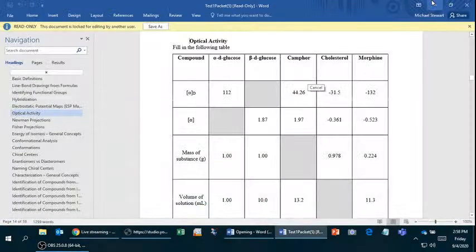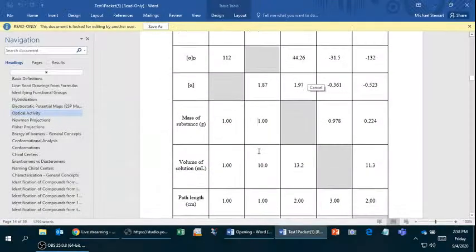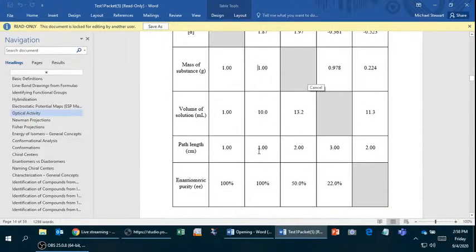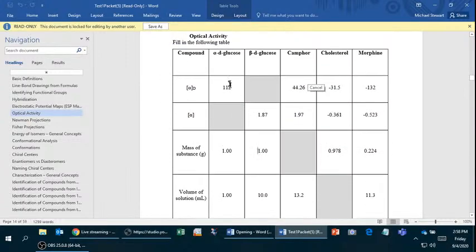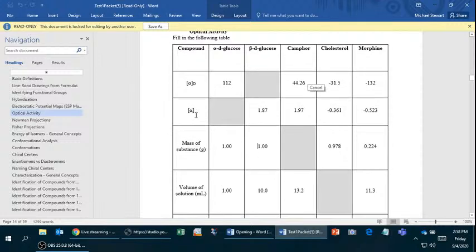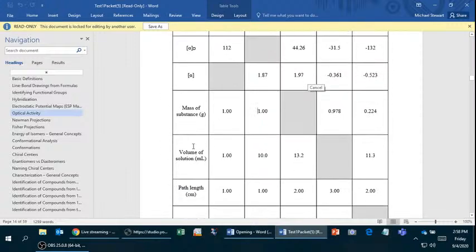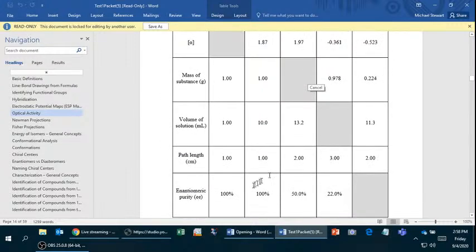They're more vertical, and unfortunately it was just kind of the nature of the beast when I made this. So each column, you've got an associated reference activity, the actual optical rotation, the mass of the substance, the volume, the path length, and the enantiomeric purity.